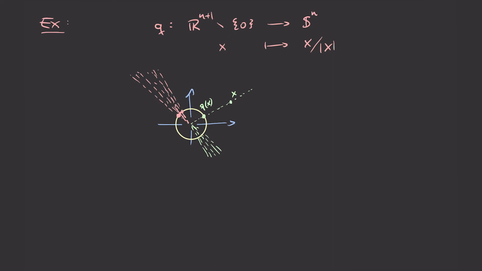Now, if we project this via Q down to the unit circle, what we get is an open segment on the unit circle, basically because this original set was an open set in R2. You could check this in detail, but I think it's intuitively clear that if you start with such a bundle of rays that is open, then if you project down, what you get is an open segment.